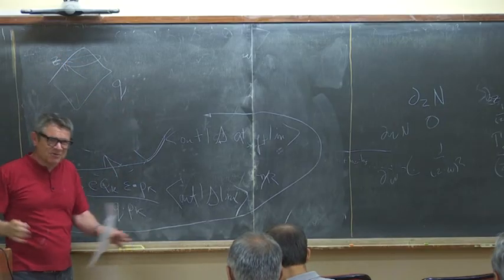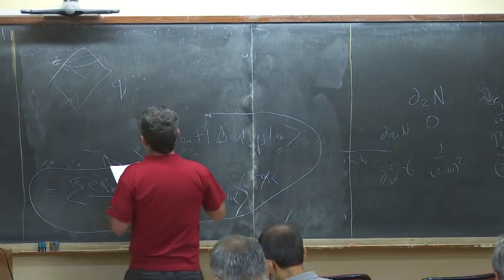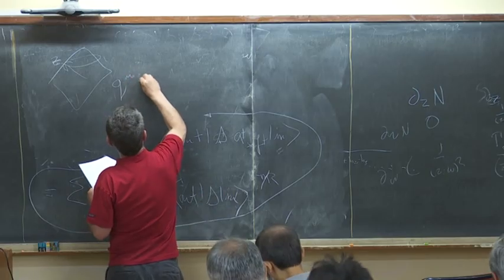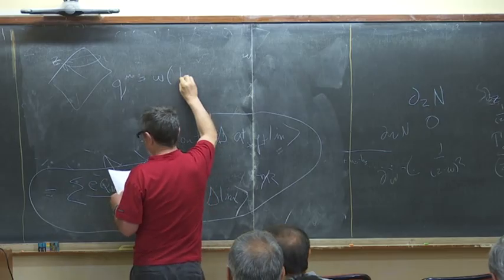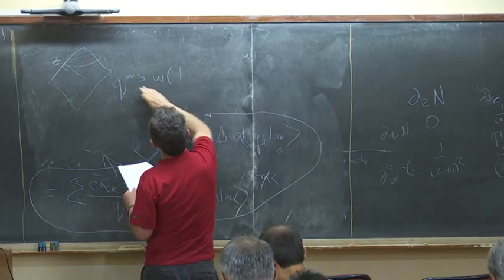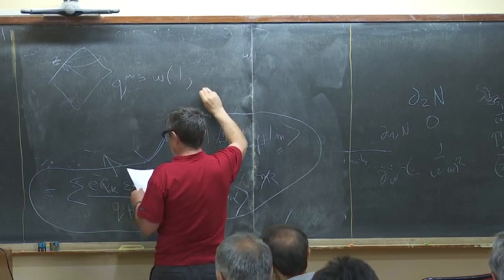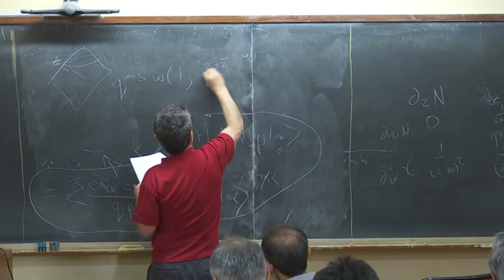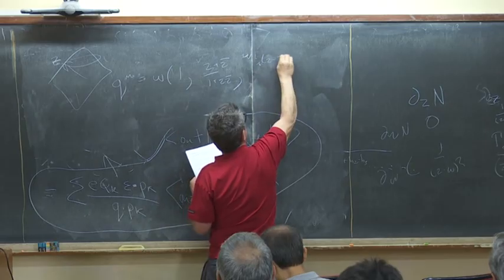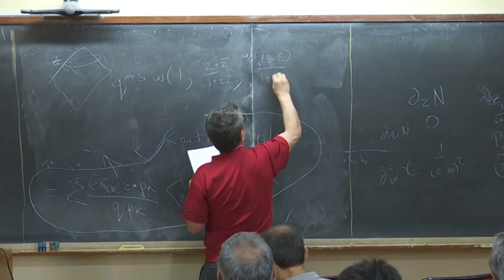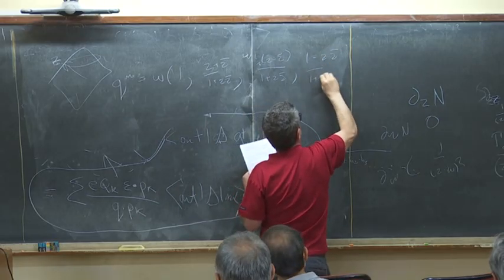I have to do a coordinate transformation at some point Z. So Q will be equal to omega times 1 in terms of that point. So Q0, Q1, Q2, Q3 are omega times (1 plus Z Z bar over 1 plus Z Z bar), (Z plus Z bar over 1 plus Z Z bar), (I times Z minus Z bar over 1 plus Z Z bar), and (1 minus Z Z bar over 1 plus Z Z bar).